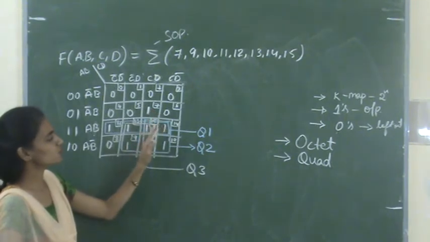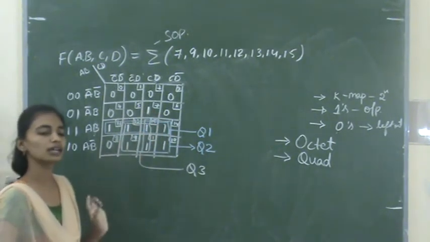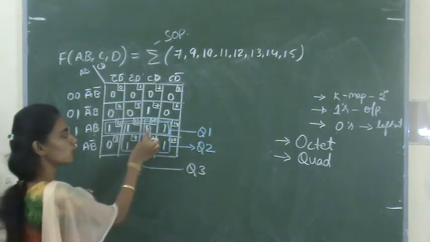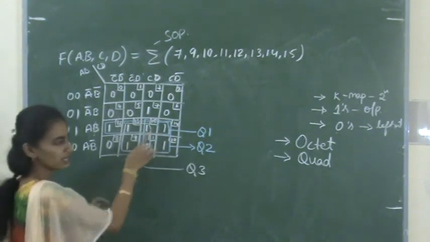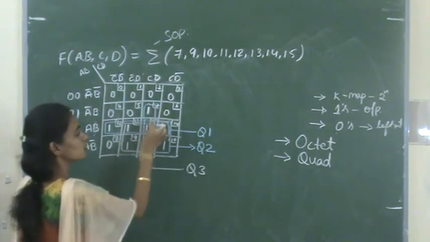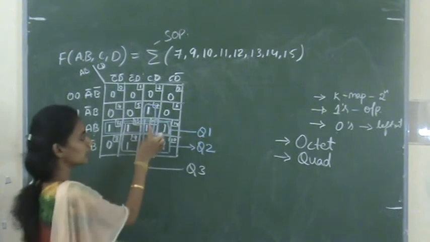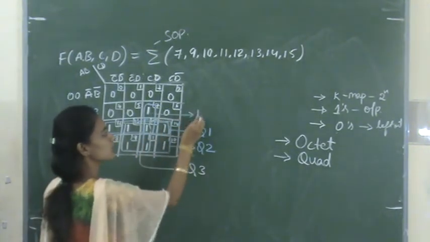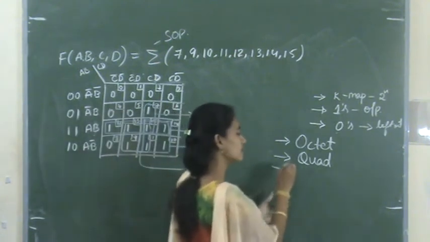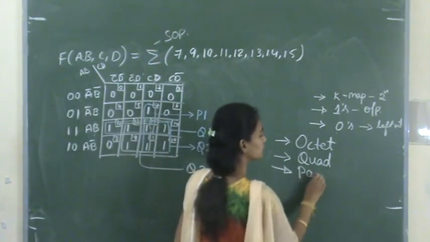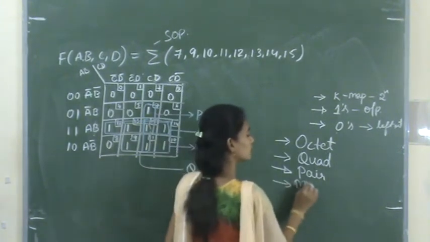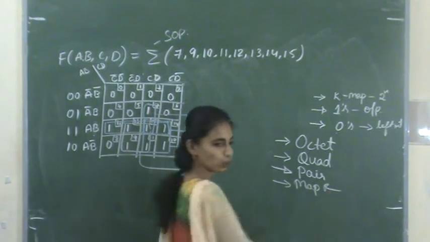This 1 has to be encircled with any adjacent one. Is there any adjacent one? Yes, there is one adjacent one. So just encircle this one with this. So this is a pair. We are encircling only 2 ones. Thus this becomes pair 1. Right. So if we don't have any quad, go for a pair. If there is no pair, go for a single.